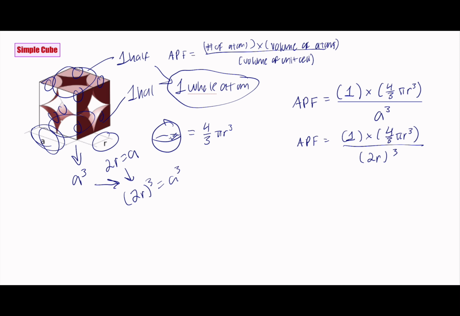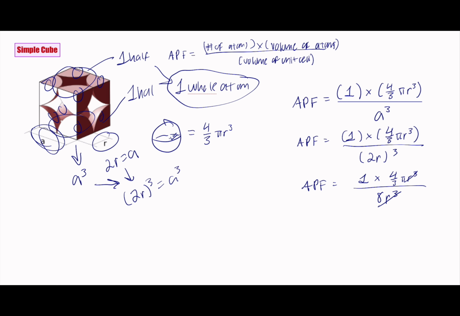Then you want to simplify that, so distribute the cube. You get 8r cubed. Then you can cancel out the r cubes, and then simplify this.